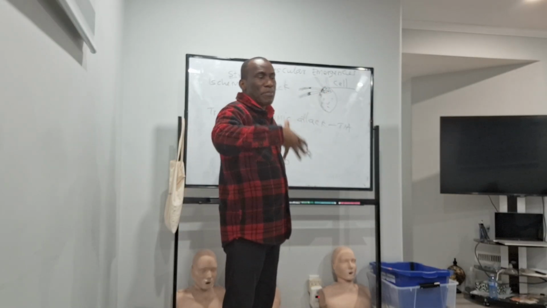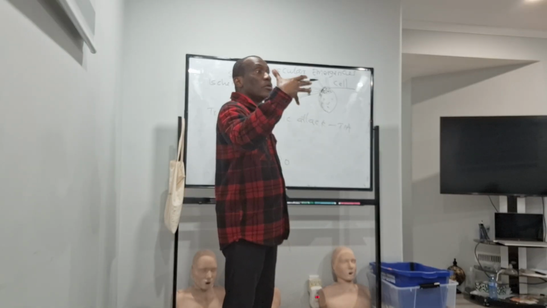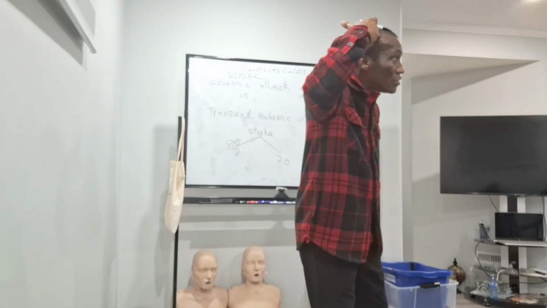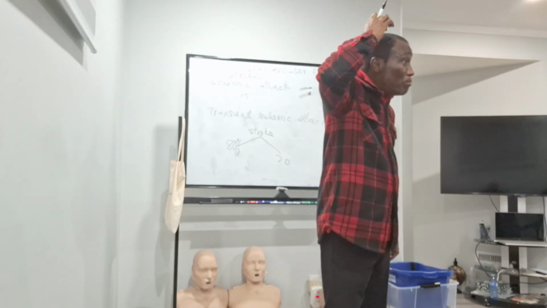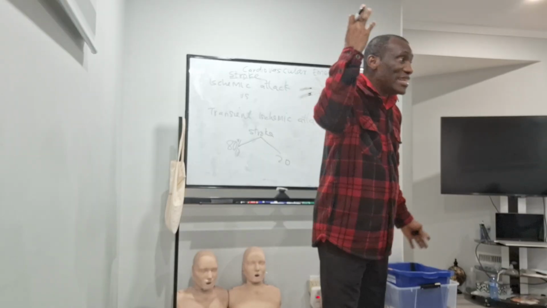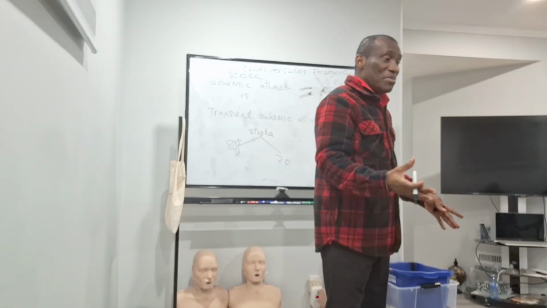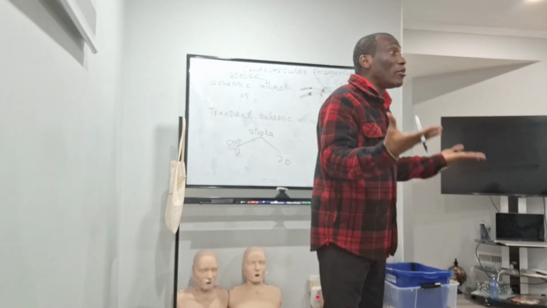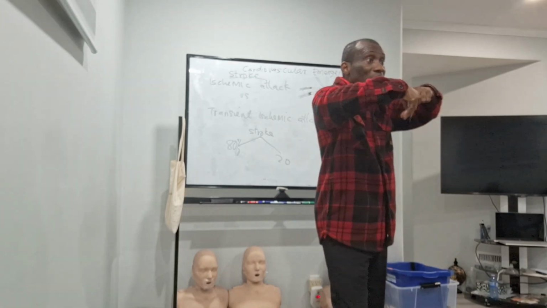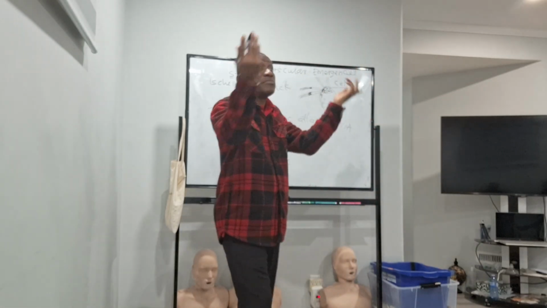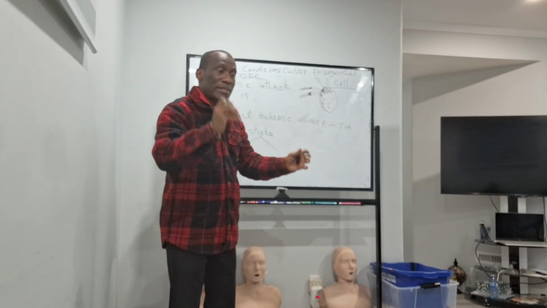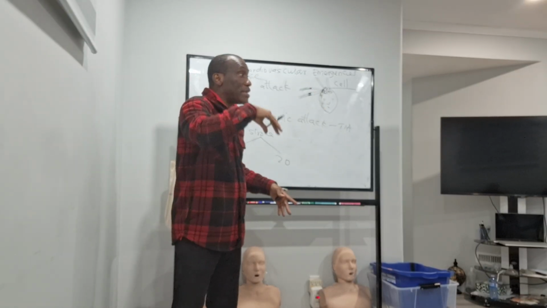So another reason why people have a stroke is what we call hemorrhagic stroke, bleeding. People may bleed in their brain after a brain injury, or maybe as a result of high blood pressure. The artery ruptures, opens up, and blood is released into the brain.